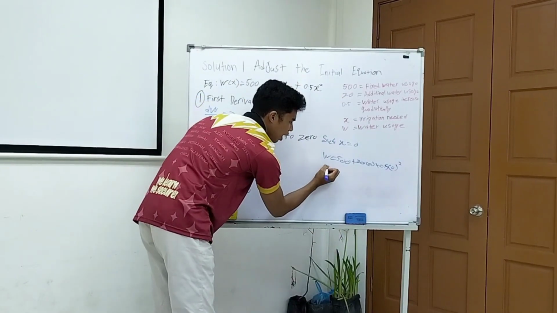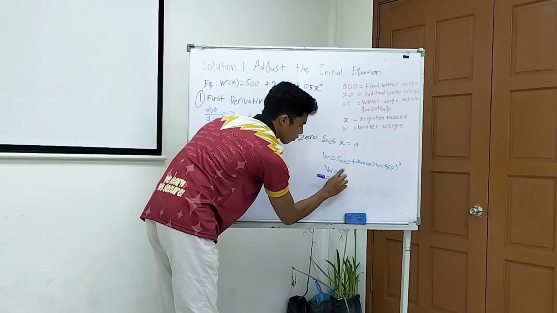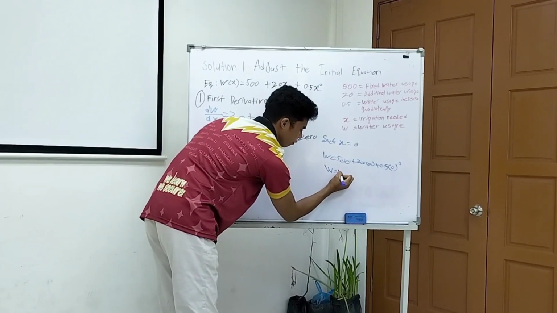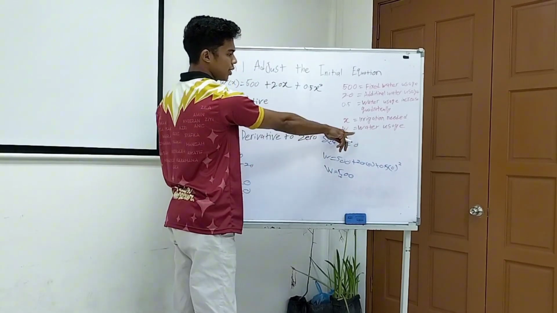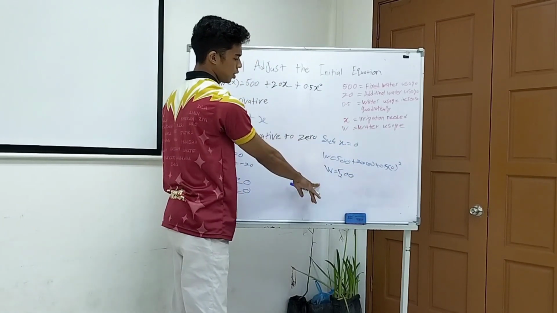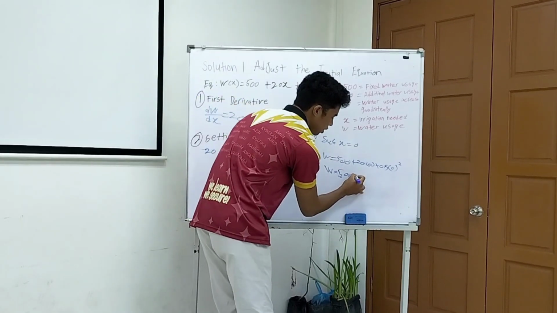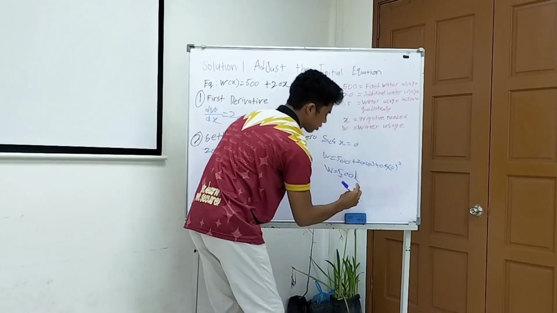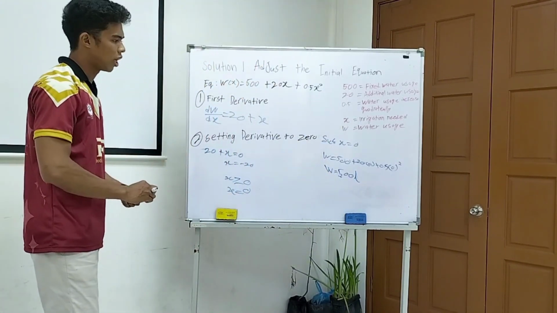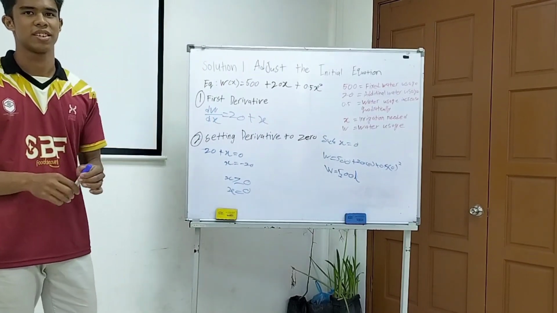So W will be equal to 500. And W is the water usage for this equation. So W is the answer for this solution.